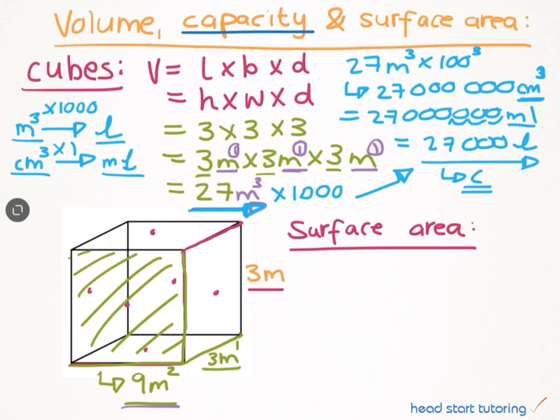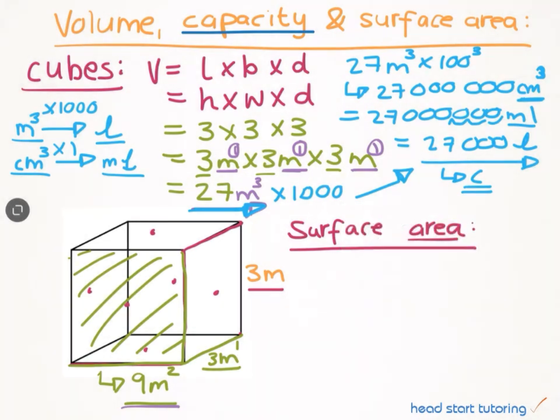That means there will be no wrapping paper to spare. We want the exact amount of wrapping paper to cover all the faces of this cube. So we are not going inside the cube, so we won't be working with cubed measurements. We will be working with area.